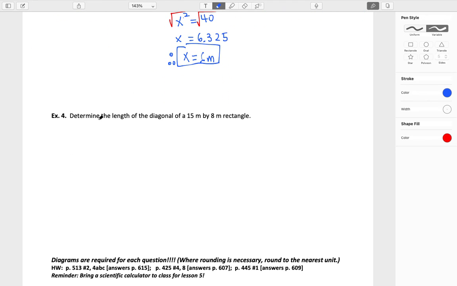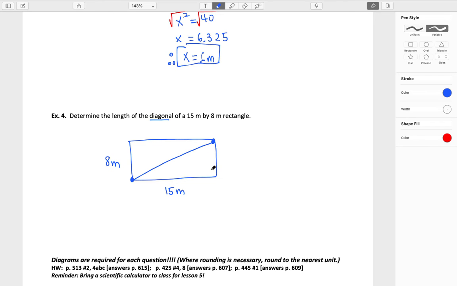For number 4, it says determine the length of the diagonal of a 15 meter by 8 meter rectangle. I can begin by drawing a 15 meter and 8 meter rectangle. They're saying determine the length of the diagonal. A diagonal is always between opposite corners of the shape. So this is a diagonal.